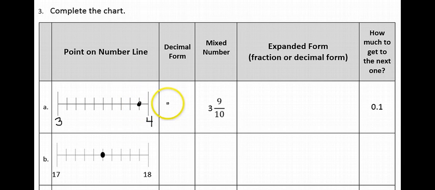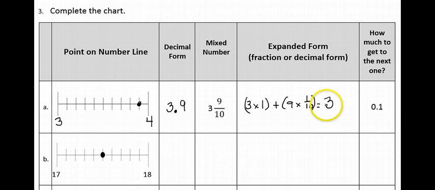As a decimal, I would write that same number as 3 decimal point 9, 3 and 9/10. I need to write it in expanded form, and I can do either fraction or decimal form. I'm going to start with this one in fraction form. So that means I would have 3 groups of 1 plus 9 groups of 1/10, and that would give me 3 and 9/10.